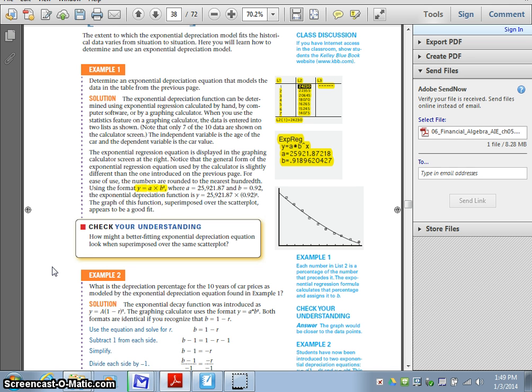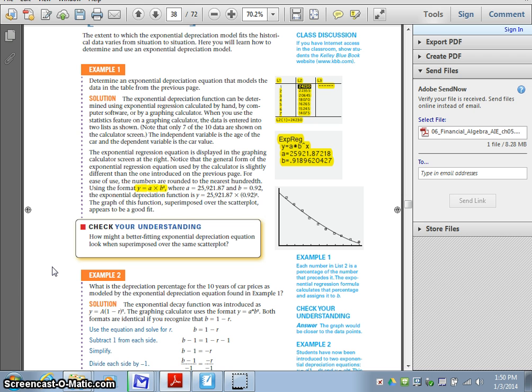And L2 lists the value of the car for each year. It says the independent variable is the age of the car, and the dependent variable is the car's value. The exponential regression equation is displayed in the graphing calculator seen at the right. So when you go into your graphing calculator, you'll find an area where it says exponential regression, and it's y equals a times b to the x power, where x is your time in years.